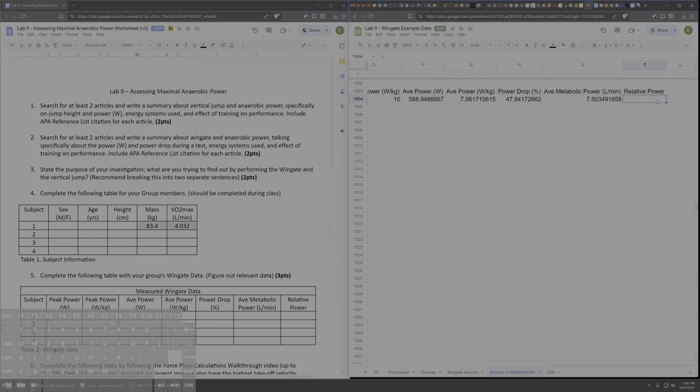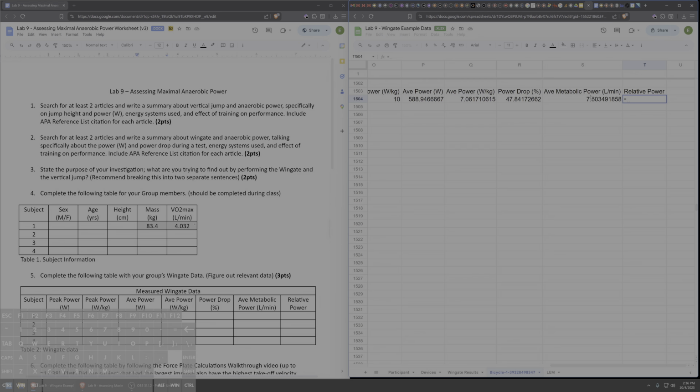All right, and now relative power, which is going to be this average metabolic power that was sustained over that period divided by VO2 max. Now, average metabolic power, we're not actually using O2 for that exercise, but we're looking at what would be the equivalent of using O2 for that. We're obviously using mostly anaerobic power.